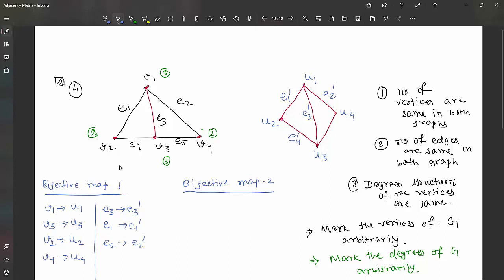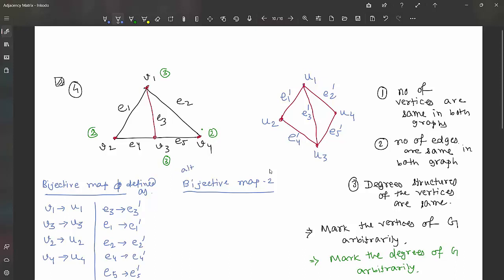So E4 goes to E4 prime, and similarly E5 goes to E5 prime. So this is one bijective map. We define the bijective map phi 1 as this. You can also define an alternative bijective map, just another one.